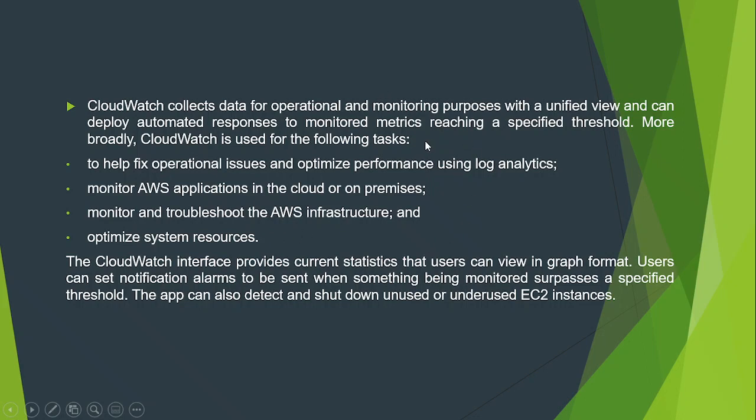It monitors how much CPU is being used, how much of the resources is being used, and it will provide it to you in a very graphical manner, like, okay, this much you have used this month, and for other unused or underused EC2 instances, you can directly shut them down. That kind of system resources I'm talking about. It helps you monitor everything.